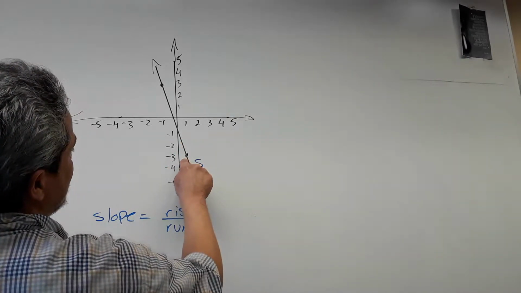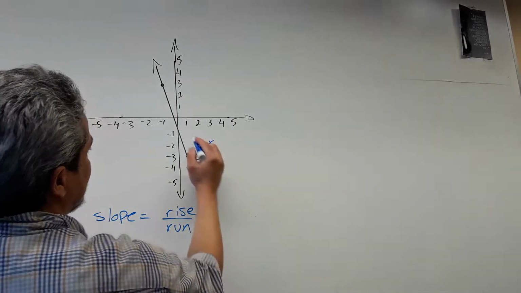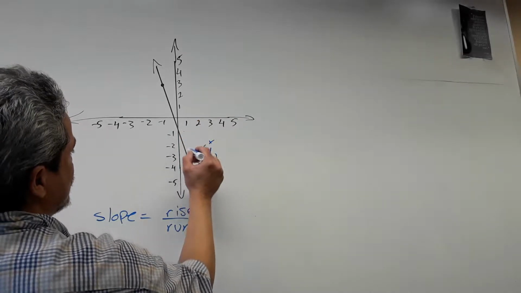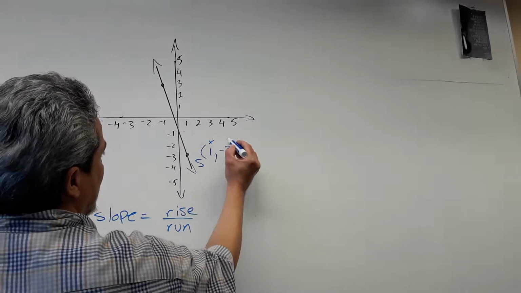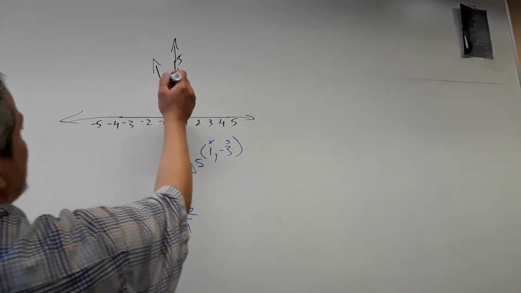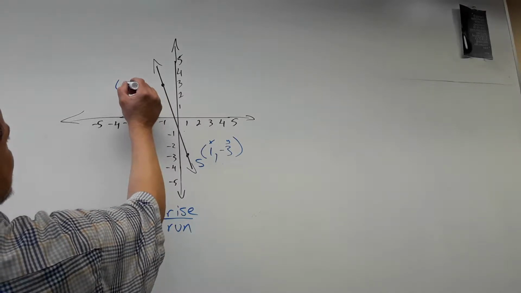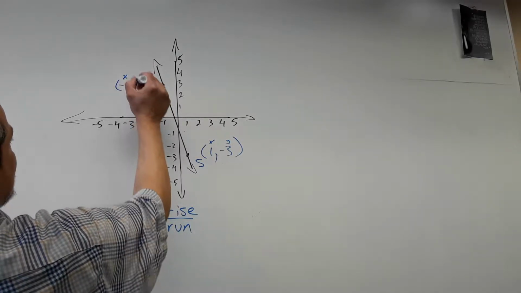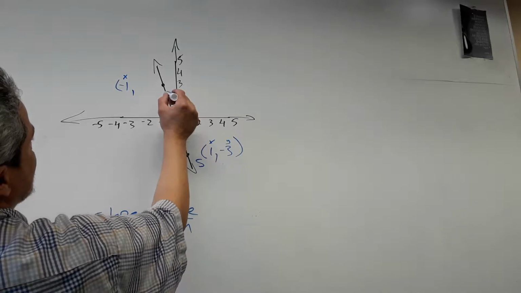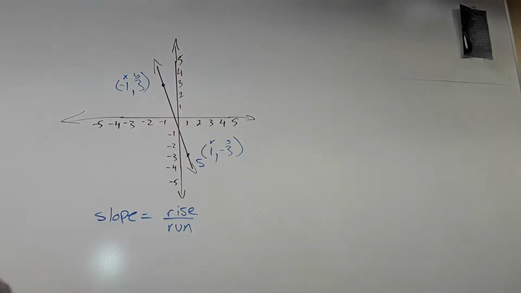Now this point here is 1 on the x-axis, and then 1, 2, 3, -3 on the y-axis. And this point here is -1 on the x. We always do the x first. -1, and 1, 2, 3 on the y, +3 on the y because it goes up.